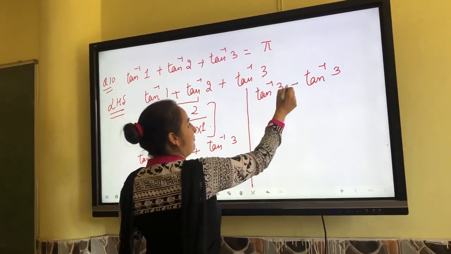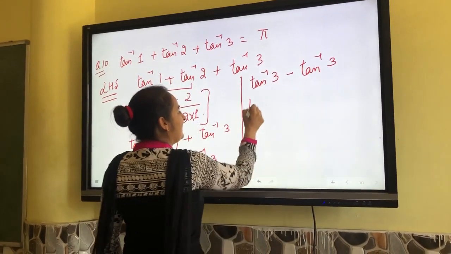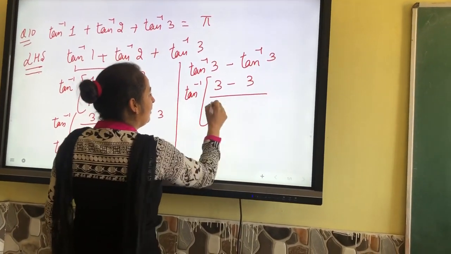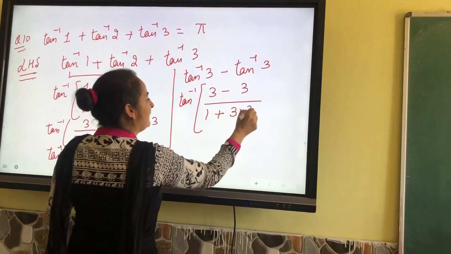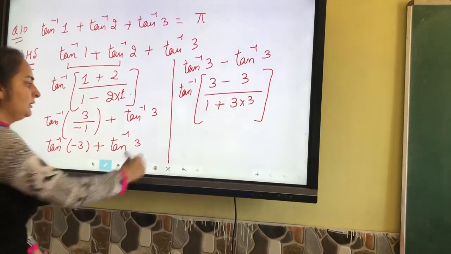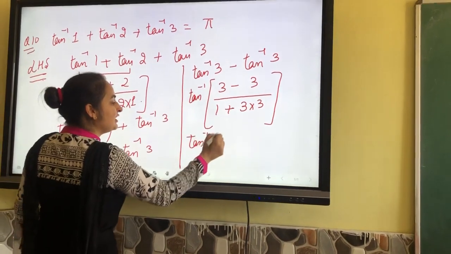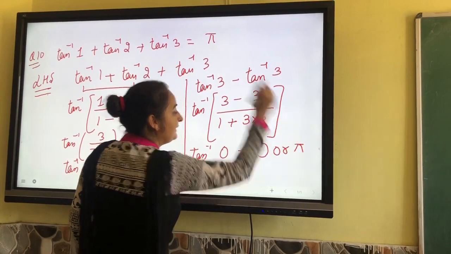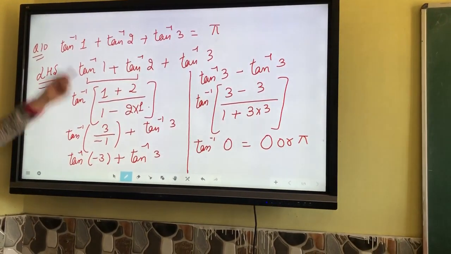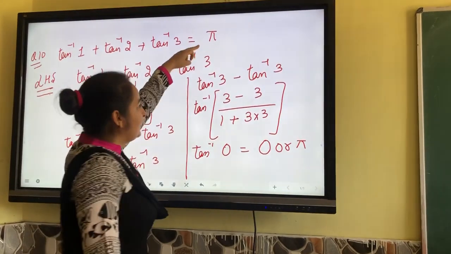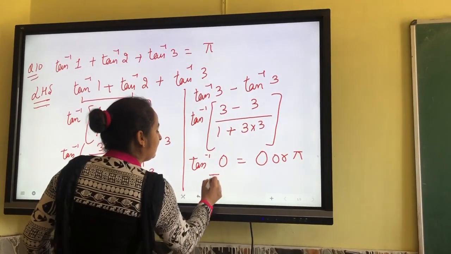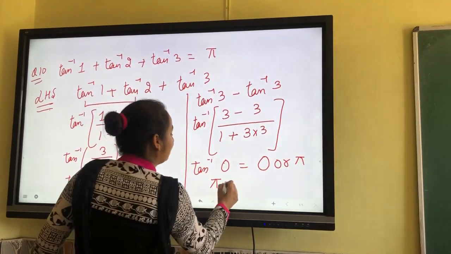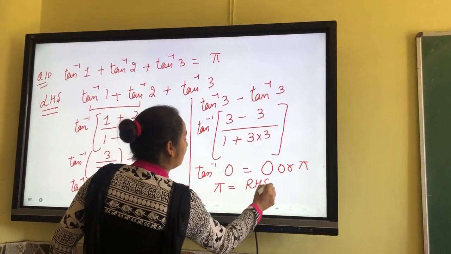Tan inverse A minus tan inverse B. The formula is tangent inverse A minus B upon 1 plus A multiply B. Now, tangent inverse 0 upon something, that is again equal to 0 or pi. That depends upon the result. If there is pi in the result, you will write it equal to pi, and if there is 0, you will write it here as 0, that is equal to right hand side of the question.